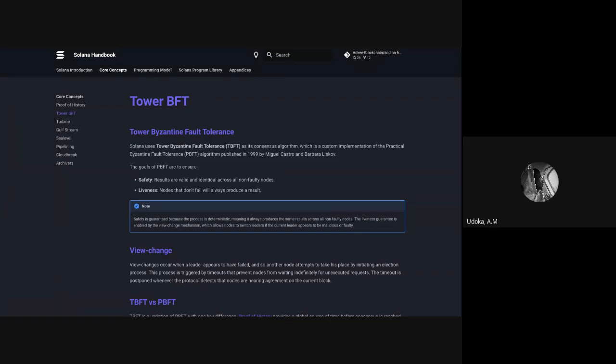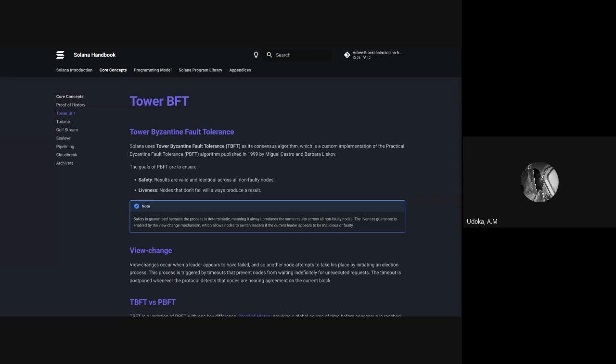So now coming back to Tower BFT, BFT basically means Byzantine fault tolerance. I don't clearly know how this name came up. It's always strange to me each time I look at it, and I think it's strange to everybody. That's why almost everybody on Solana just goes ahead with the BFT acronym.